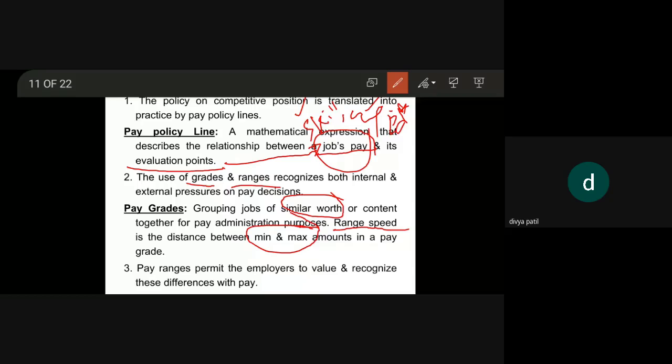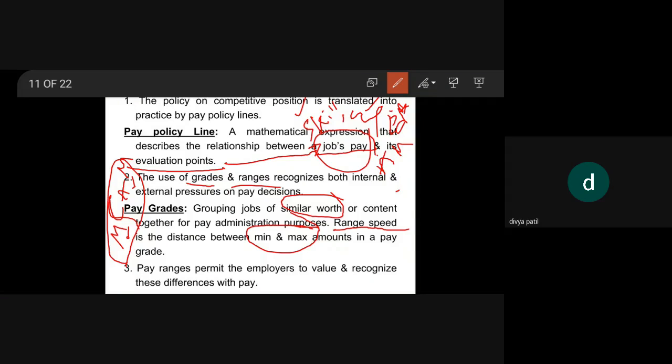For example, somebody is an assistant manager and somebody is a manager. These are similar jobs, but their grade changes. A manager is more valued than the assistant manager.